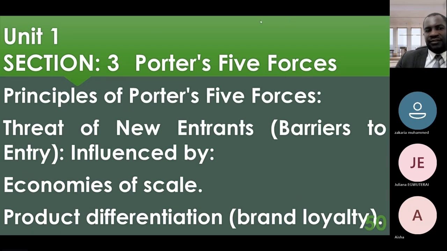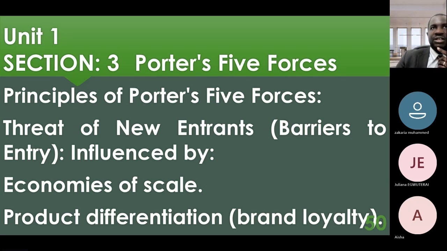So the principles of Porter's forces, looking at the threat of new entrants. Barrier to entry is influenced by economies of scale, the largeness of your capital base, and how you are able to come into the market big. So it's largely influenced by economies of scale.